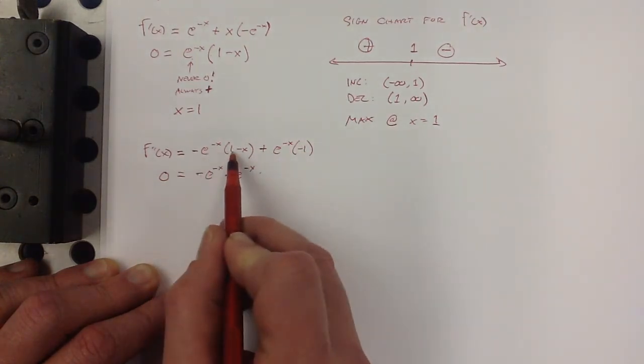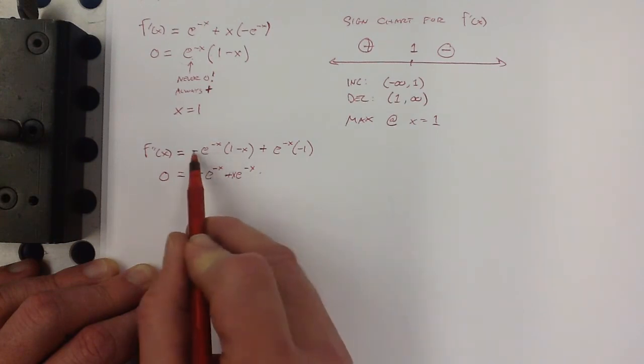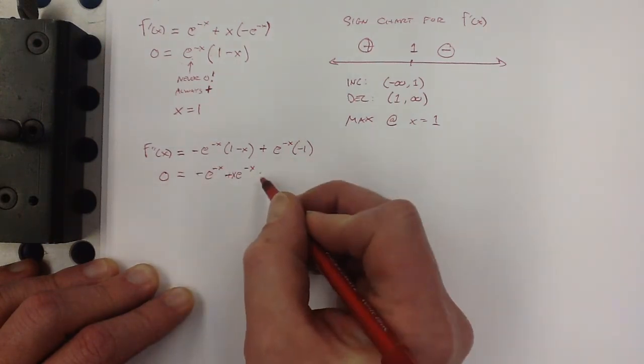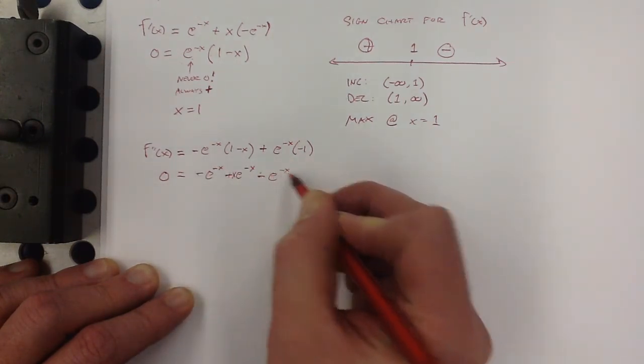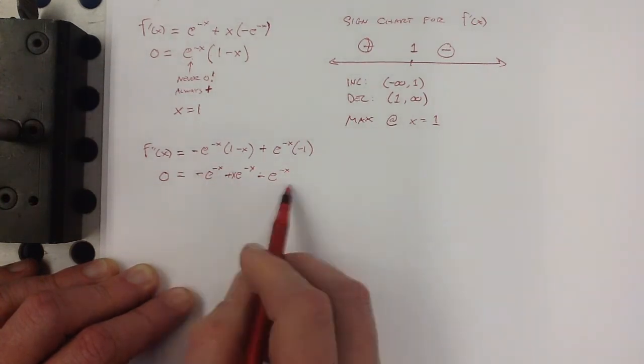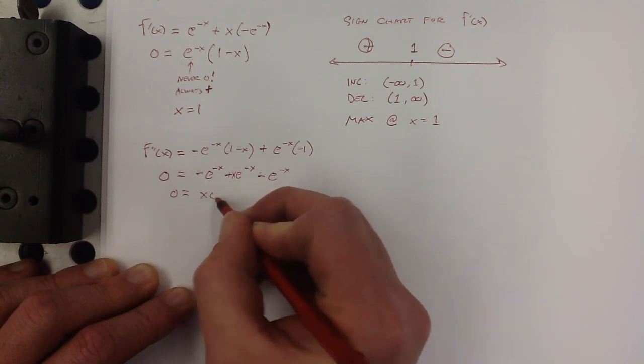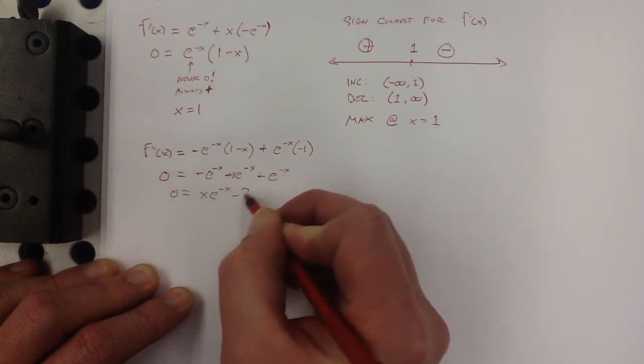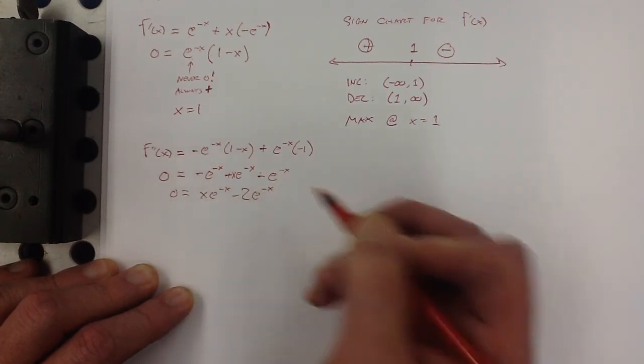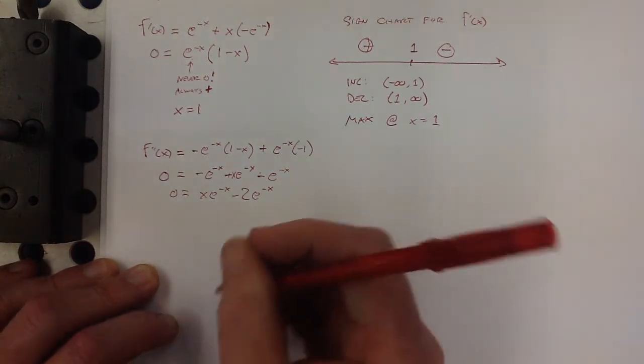So that's that distributed to that. And then this negative times negative gives me positive, and then minus another one of those. So you see there's 2 of those. This is maybe too many steps to write out for your taste, but leave that up to you. Maybe you like to write out all these steps, whatever works for you.